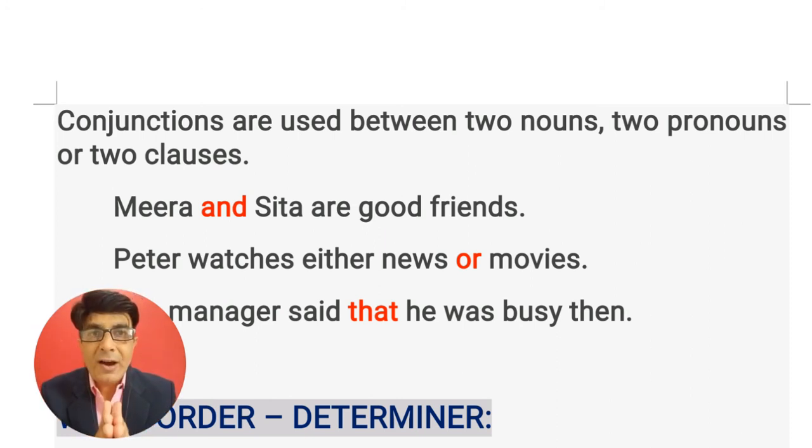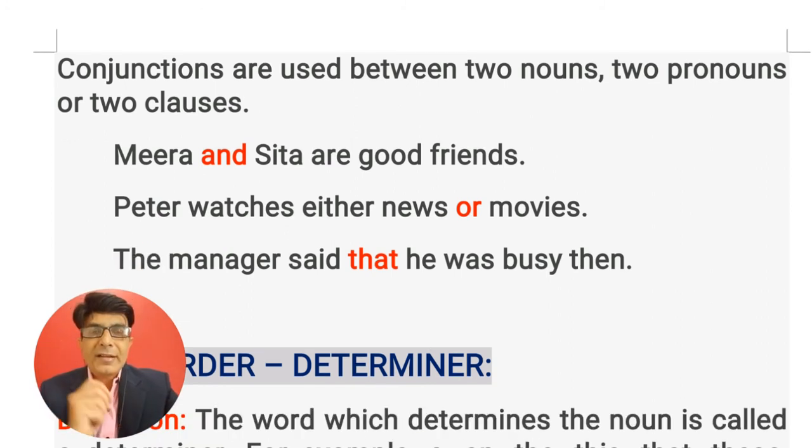Meera and Sita are good friends. Here two different pronouns, Meera and Sita, are joined, and the conjunction and is used to join them together. Take another example. Peter watches either news or movies. So here two different nouns, news and movies, are connected together with the help of the conjunction or. Take another example.